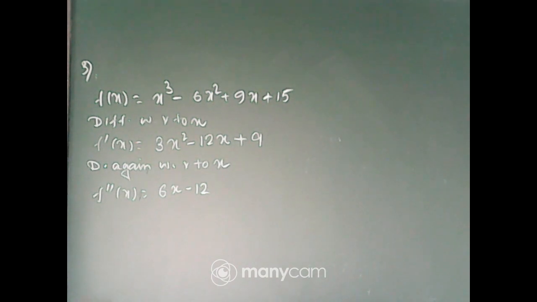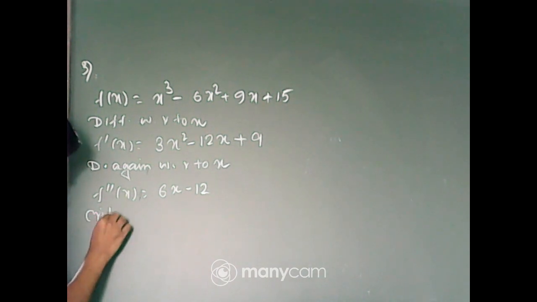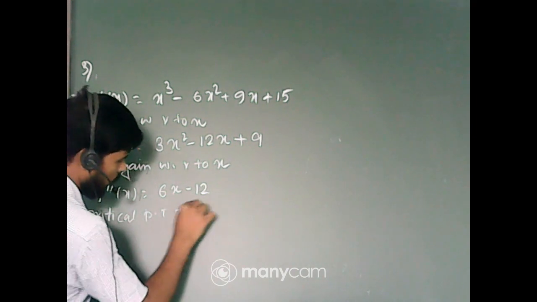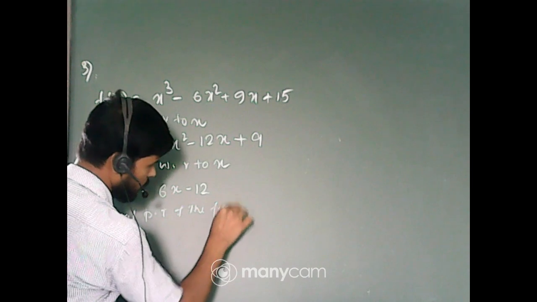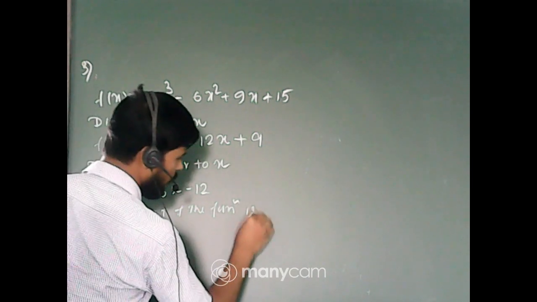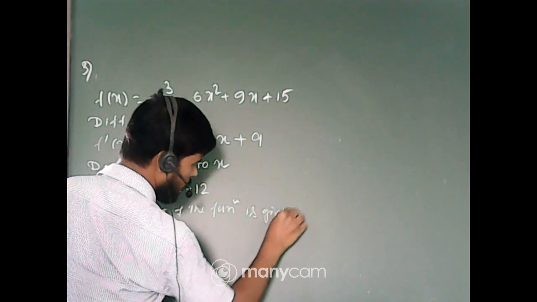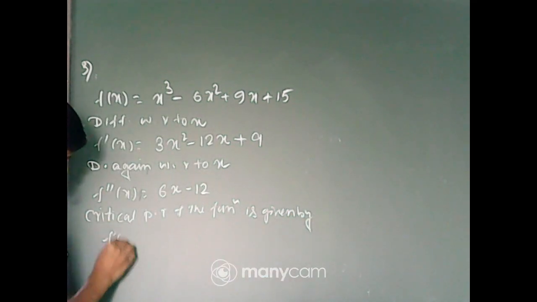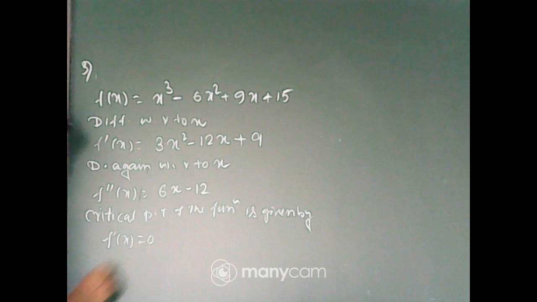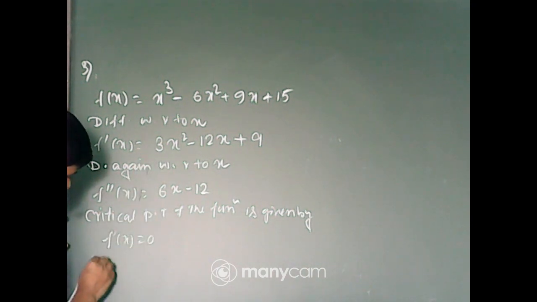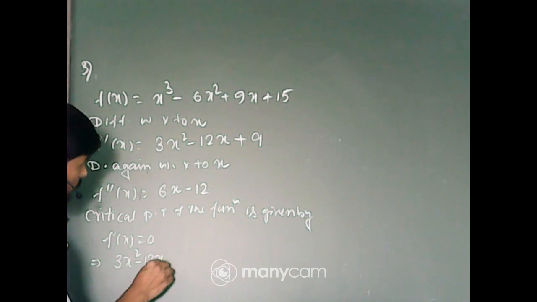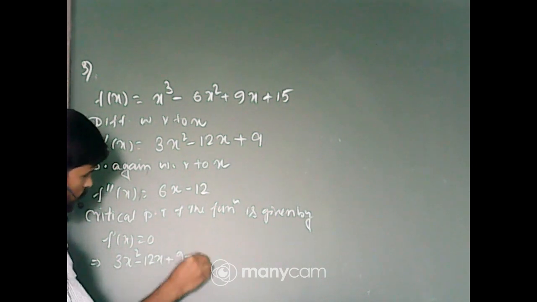Now we know that the critical point of the function is given by f dash x is equal to 0. Now put the value of f dash x. So f dash x is equal to 3x square minus 12x plus 9 is equal to 0.